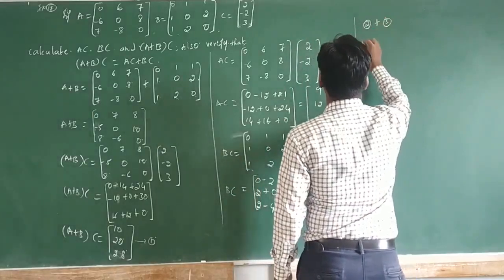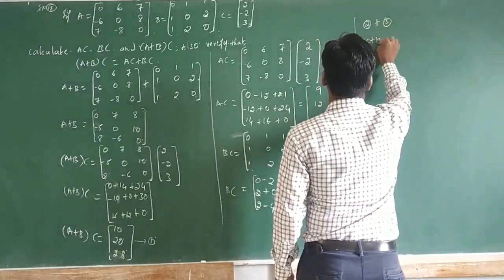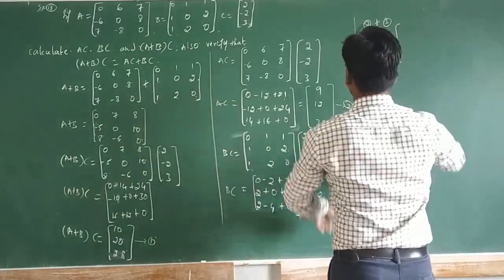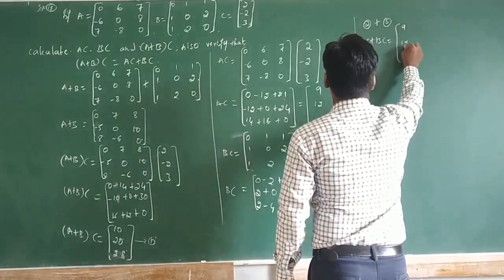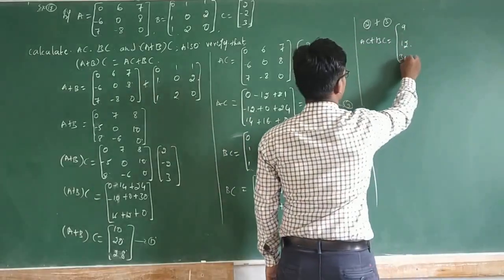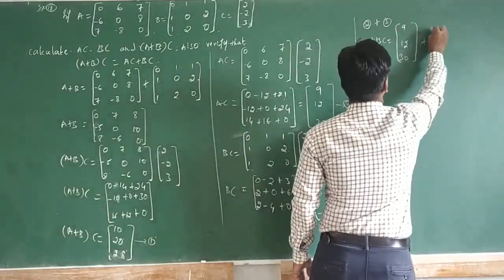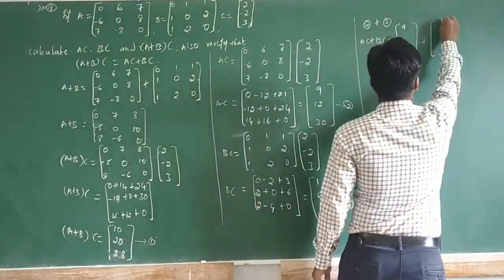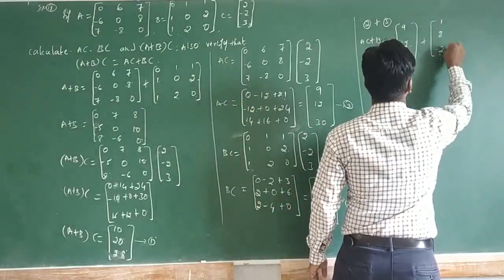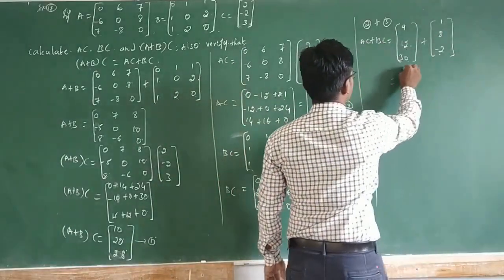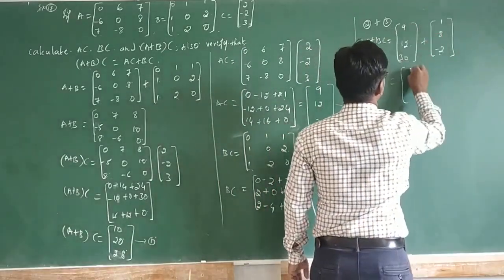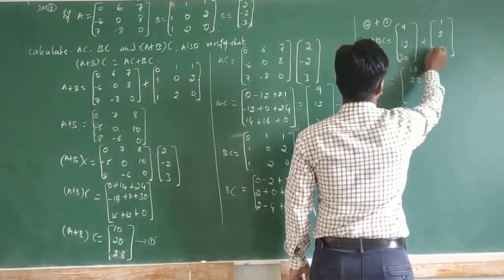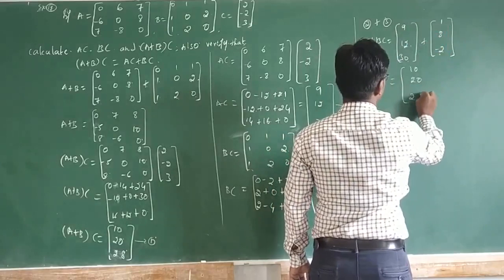AC plus BC is equal to: AC matrix is 9, 12, 30, plus BC matrix is 1, 8, minus 2. Adding, we get 9 plus 1 is 10, 12 plus 8 is 20, 30 minus 2 is 28.